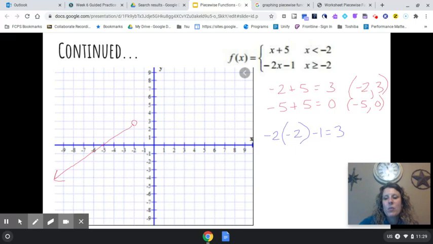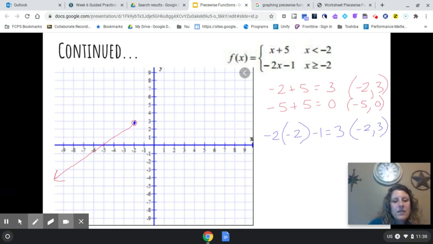So when we put -2 in for x, we get 3 out. Notice that this is x greater than or equal to -2, so this time at (-2, 3) I'm going to fill in that open dot with a closed dot for the blue line.